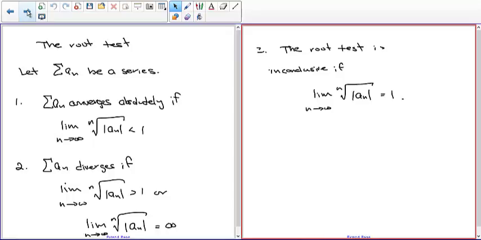If it's less than 1, then it converges. If it's greater than 1, it diverges. And if it is equal to 1, then that test cannot tell you. You have to use some other test.